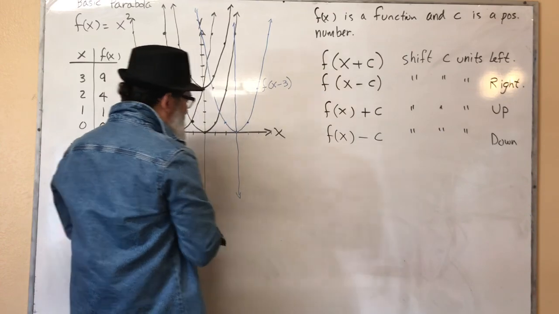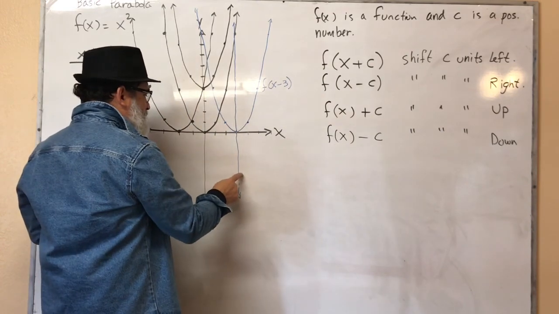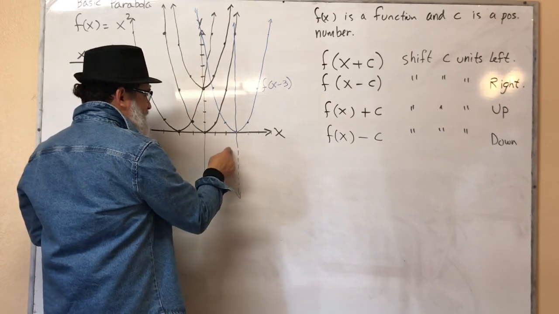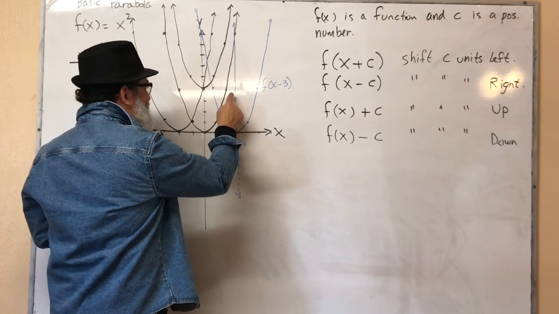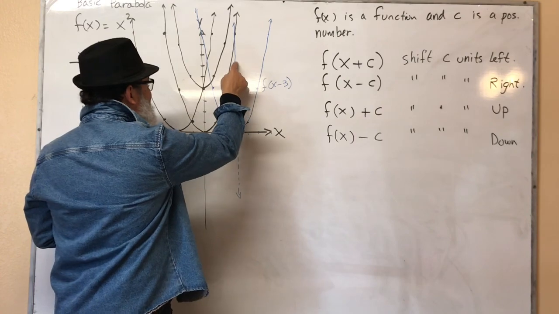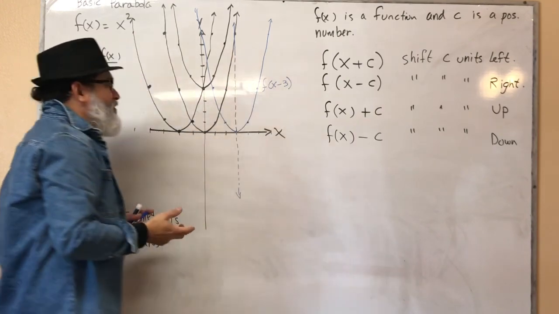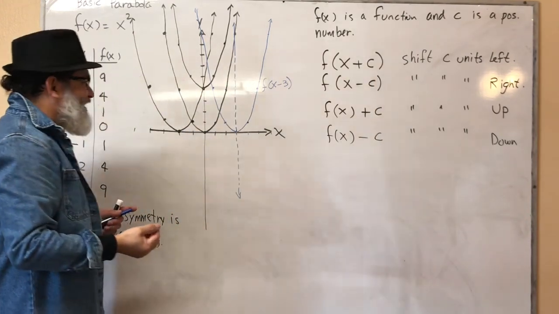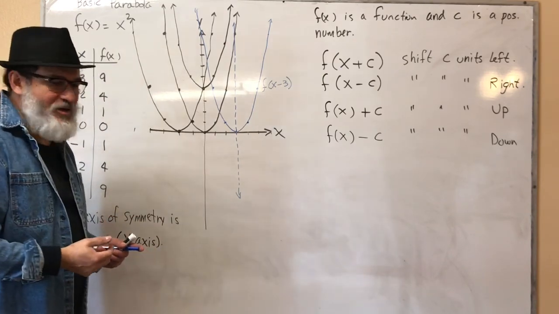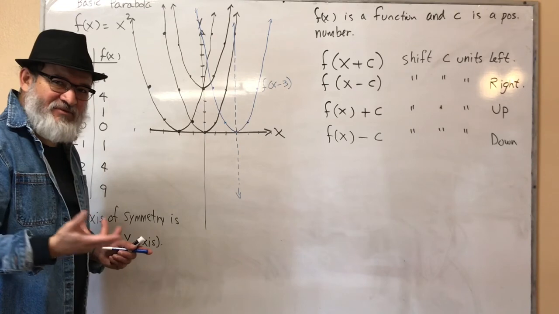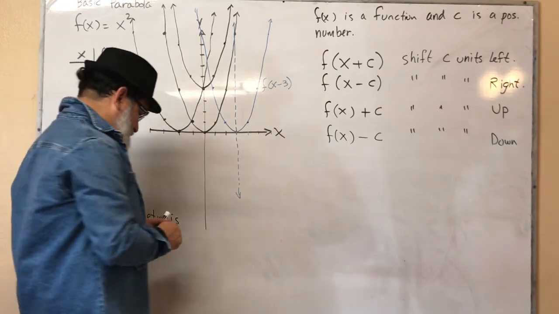I call it a blade, this line, because that's where you pass the blade and it cuts the graph exactly in half. Can someone give me the equation for the blade, or the axis of symmetry? Yes.